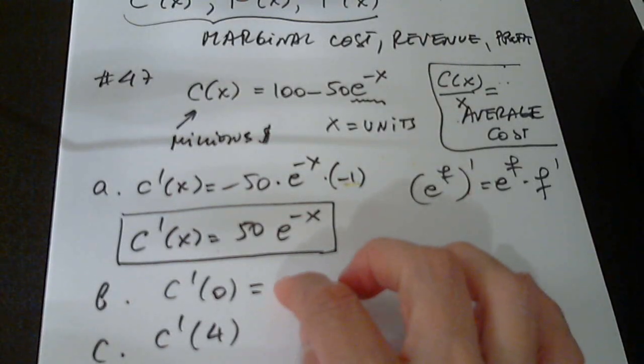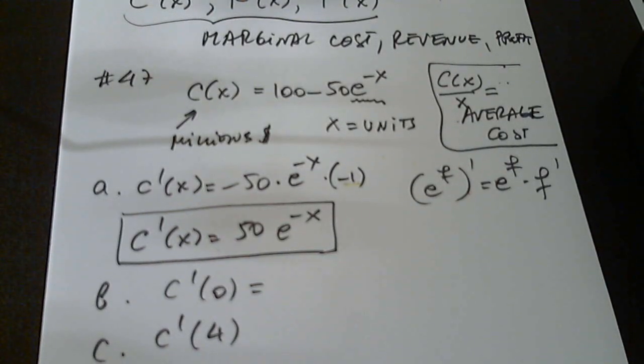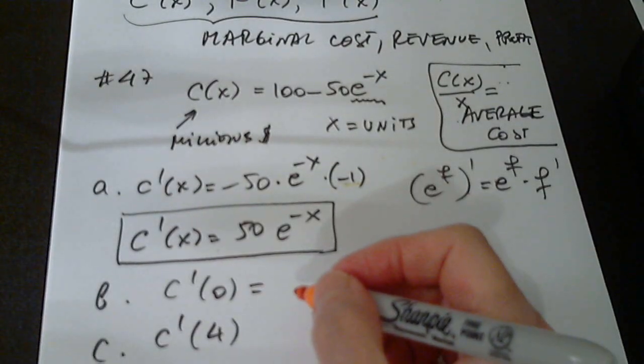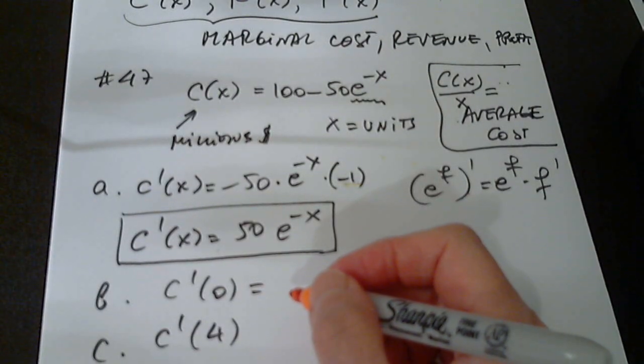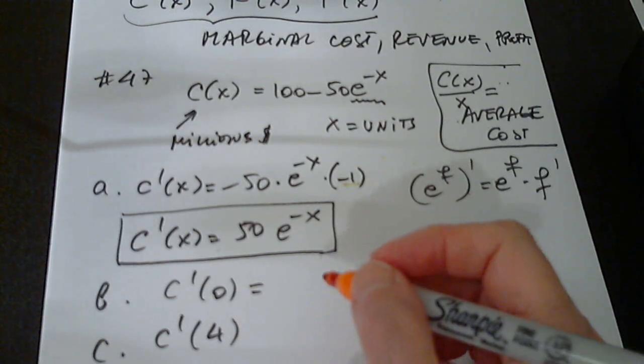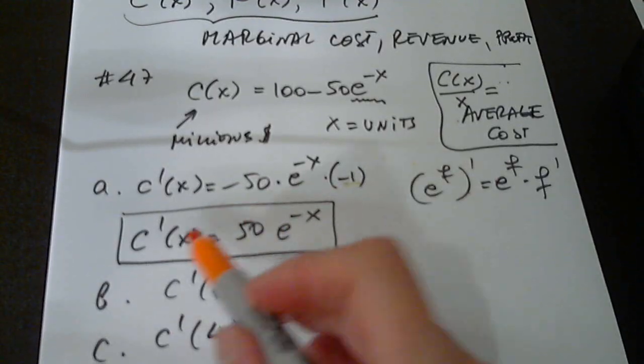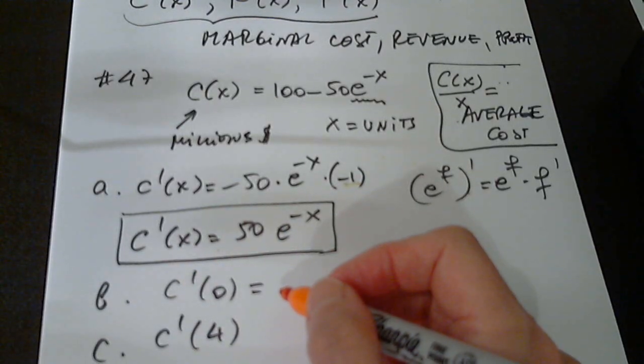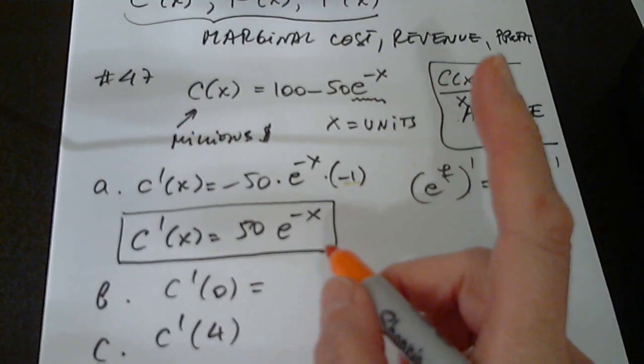So can anyone give us the answer for C prime of 0? When you plug in 0 in C prime, what do you get? Negative 50.